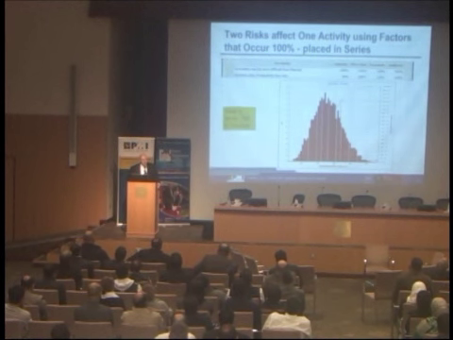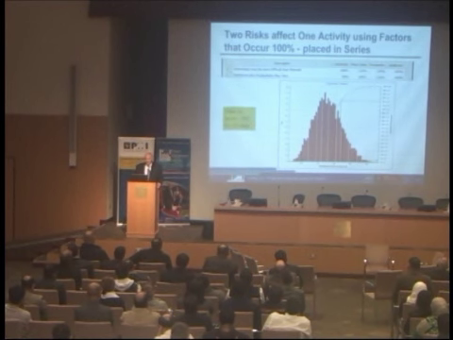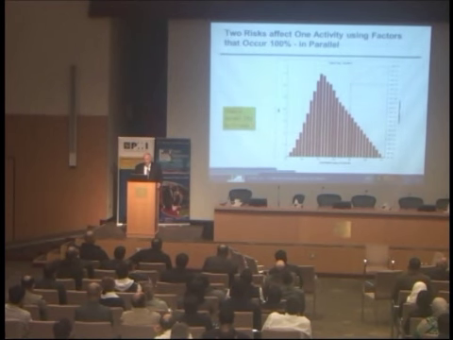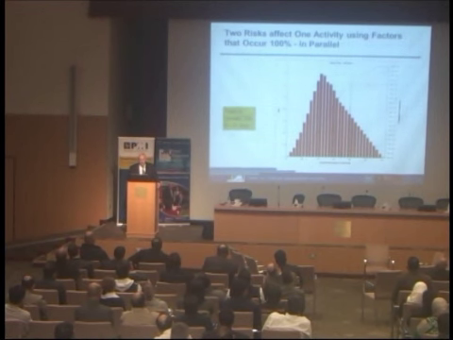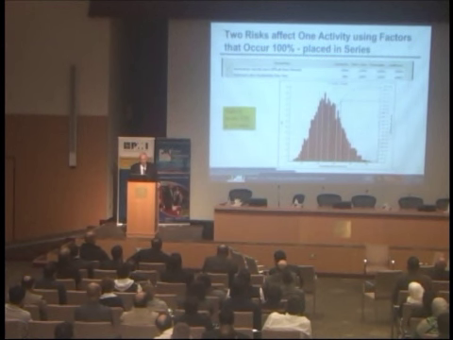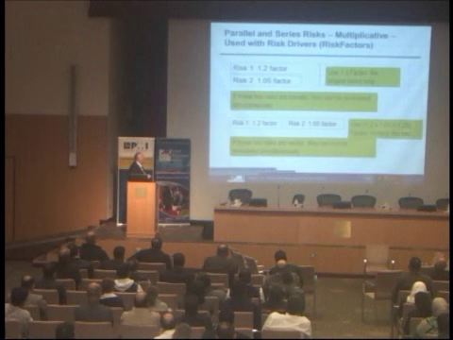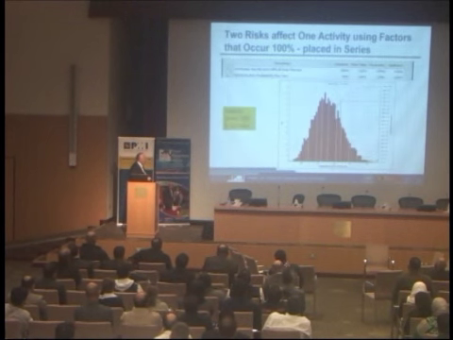You go to root causes, back to basics, and then model how the root causes affect the durations. But these are 100% likely, and 2 risks occur in parallel using risk factors that occur 100%. In parallel, they're 119 days. In series, they're 123 days. So you see the decision about parallel or series risk factors makes a difference.